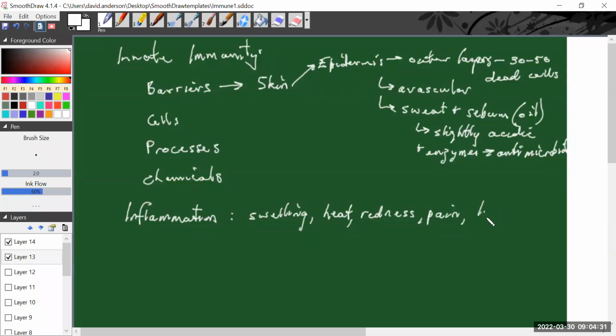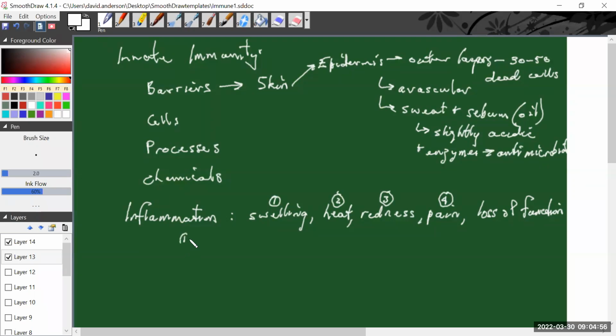And sometimes you'll see they'll put in loss of function. But 1, 2, 3, and 4 are all pretty consistent with all forms of inflammation. We're going to get swelling, we're going to get heat, we're going to get redness, and we're going to get pain. So that's what it looks like.